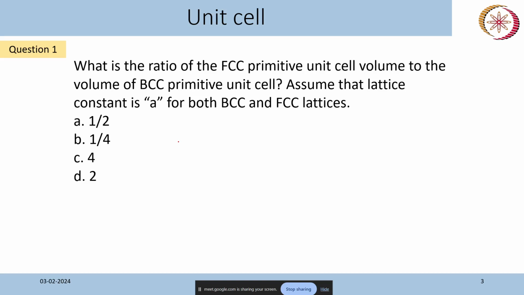Has anyone got the answer? Okay, I will start solving here. You can solve with me.